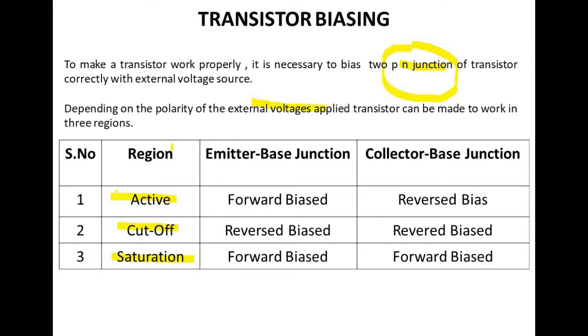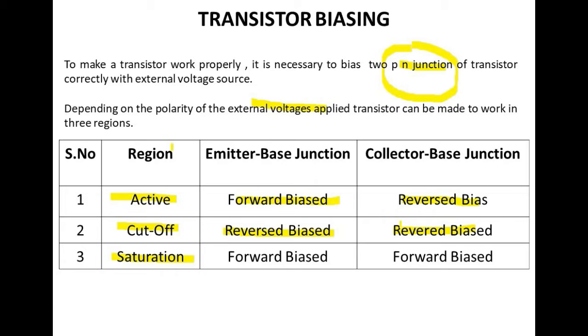To make the transistor work in the active region, the emitter base junction should be forward biased and the collector base junction should be reverse biased. For cutoff, the emitter base junction is reverse biased and the collector base junction is also reverse biased. It means that to work in the cutoff region, both the junctions should be reverse biased.